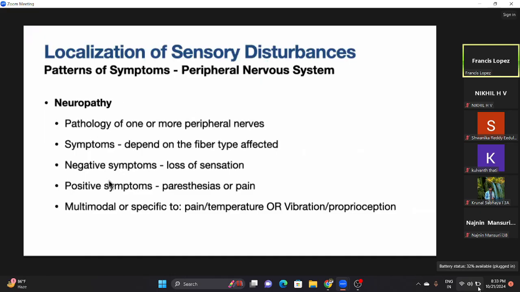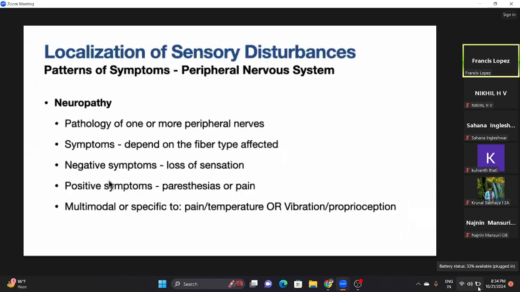Okay, so neuropathy refers to the pathology of one or more peripheral nerves. So the symptoms depend on the fiber type affected, so whether they are sensory fibers, motor fibers, or autonomic fibers, or even a combination of the three.